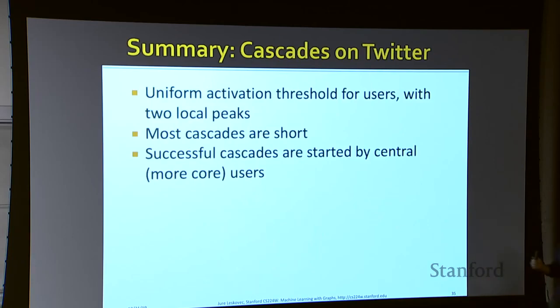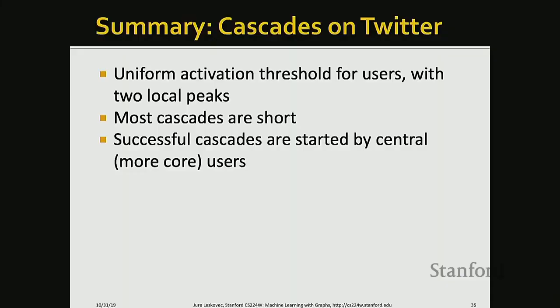So, what have we seen? We've seen cascades on Twitter, so a real-world example. We've seen that the activation threshold in this case was almost uniform, and we just found a couple of local peaks, mostly matched with people that require almost no peer pressure, or people that require at least 50% of the neighbors to be active.